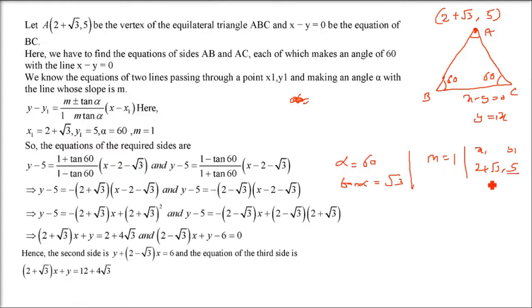So y minus y1, x minus x1, y1 is 5, x1 is 2 plus root 3. And then we have plus, minus, minus, plus. One time you take plus, one time you take minus. In place of m, you are going to put 1, and in place of tan alpha, you are going to put root 3 here.